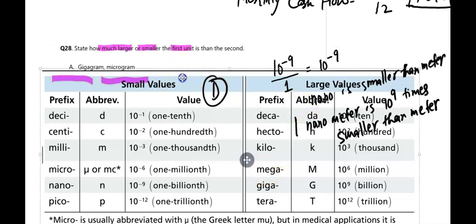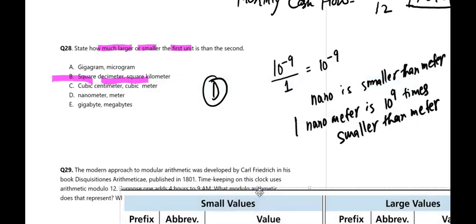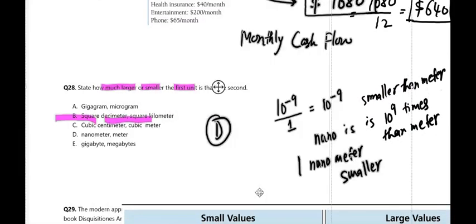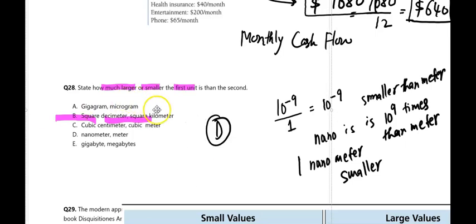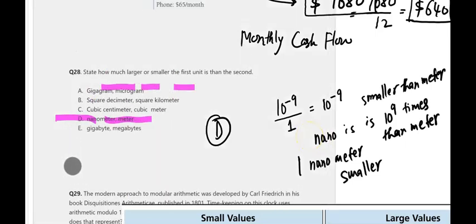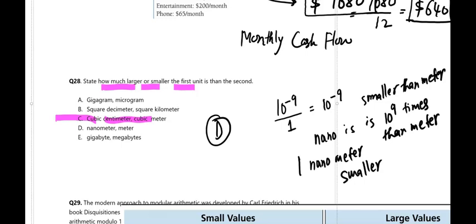Giga is 10 to the power 9, mega is 10 to the power 6. If you subtract using exponent rules, 10 to the power 9 minus 6 is going to be 10 to the power 3.